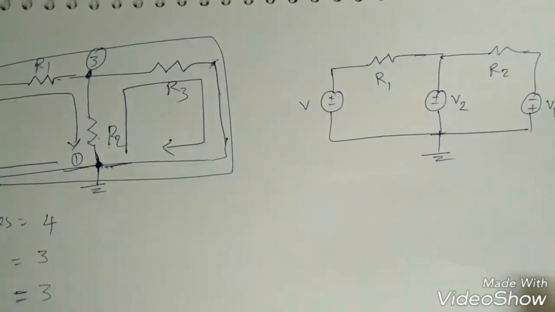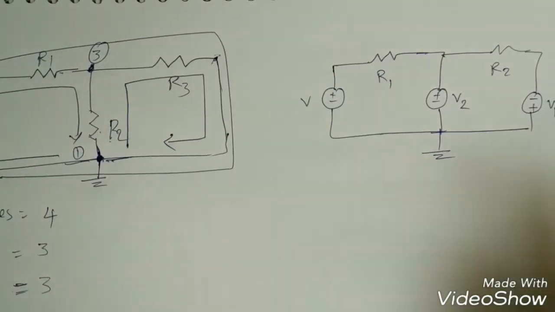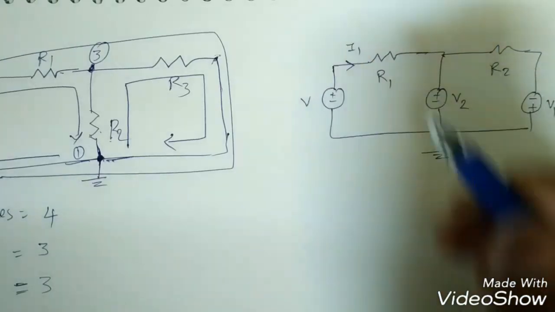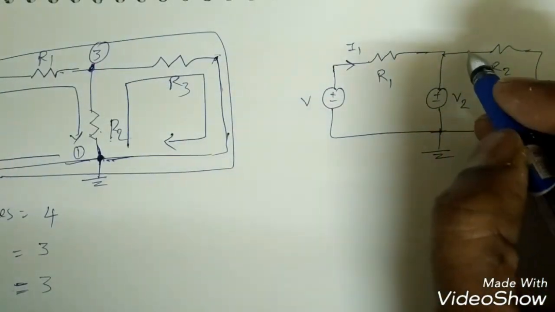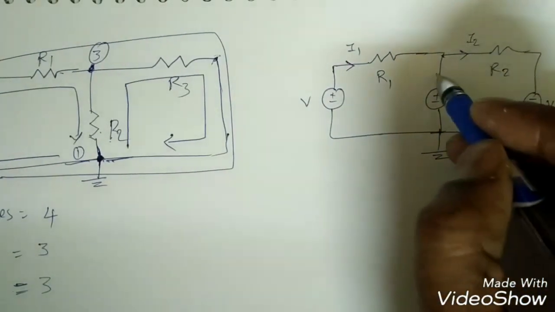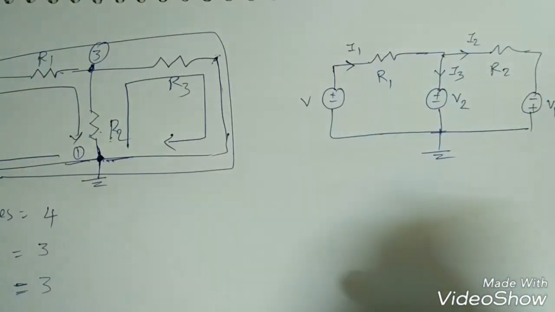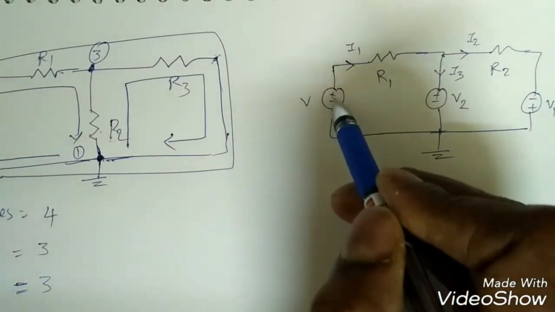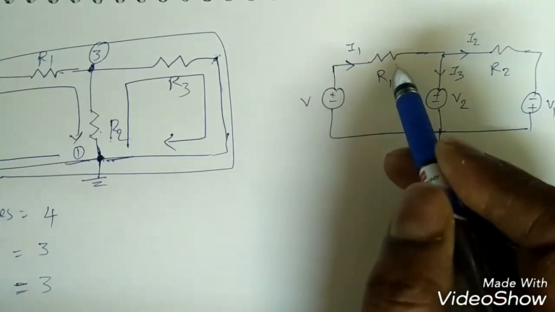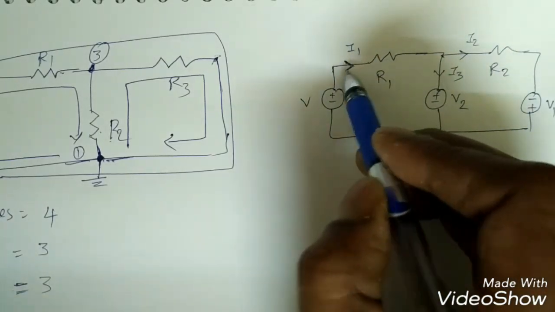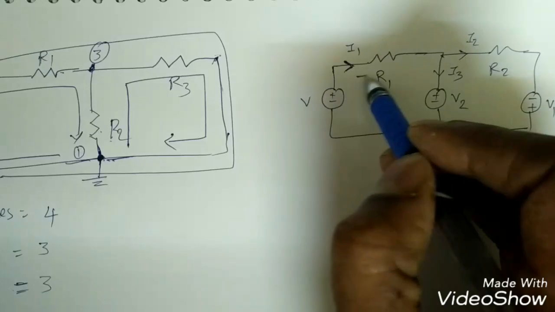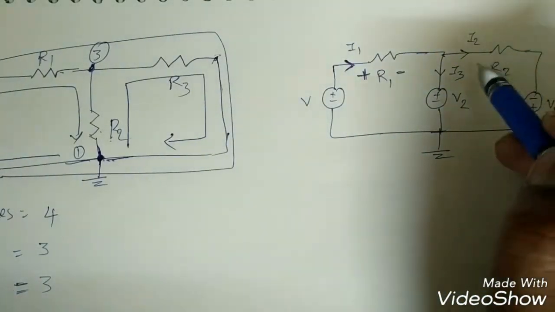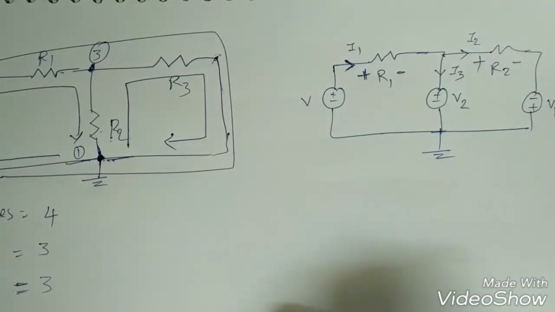Now when I apply KCL or KVL, I have to give some current here. So suppose this is I1 here, and suppose this is some I2 here, and this is some I3 here, right? Now how to apply KVL? First the notations are here, but what about the notations here? I already told, whenever the current is entering into the resistor, always give plus minus. Similarly here also plus minus, right?